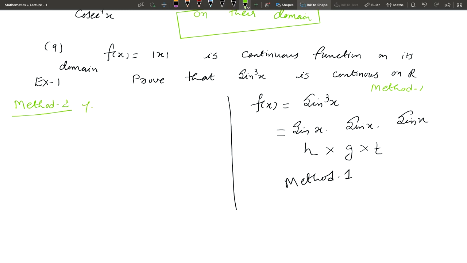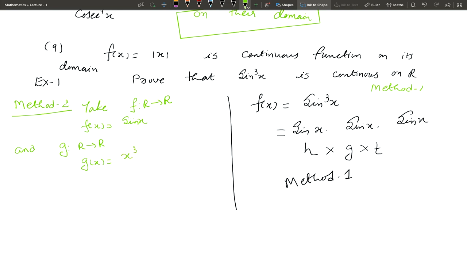Take f from R to R, f of x equal to sin x, and g from R to R, g of x equal to x cube.